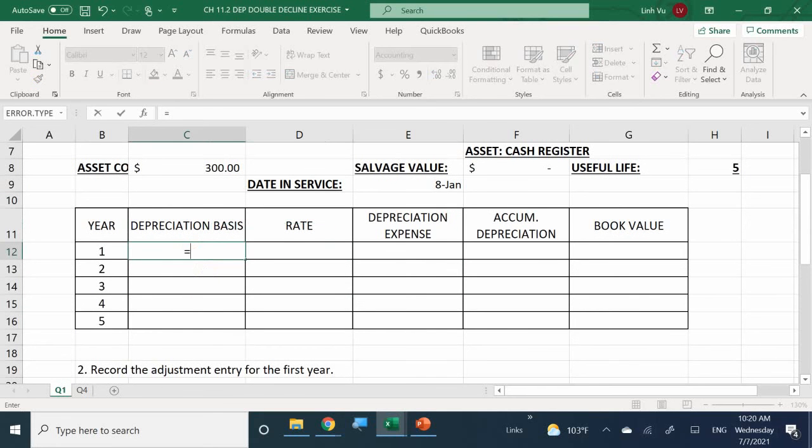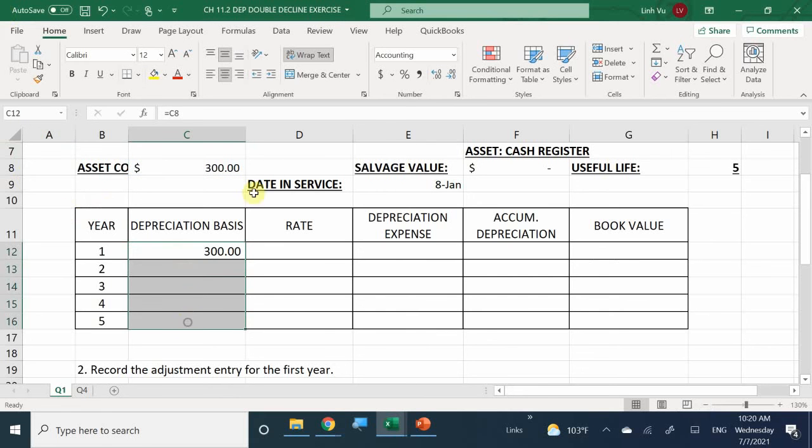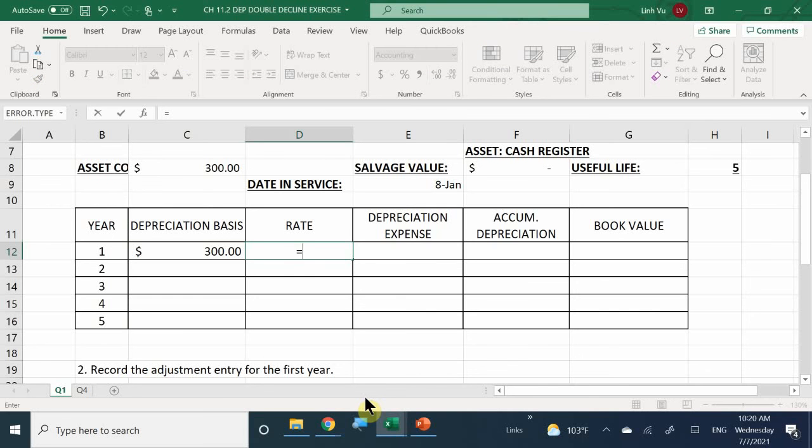What is going to be my depreciation basis? The $300. It's going to automatically be whatever my asset cost is. So then what is going to be my rate? 1 divided by the estimated useful life times 2, which gives you 0.4.